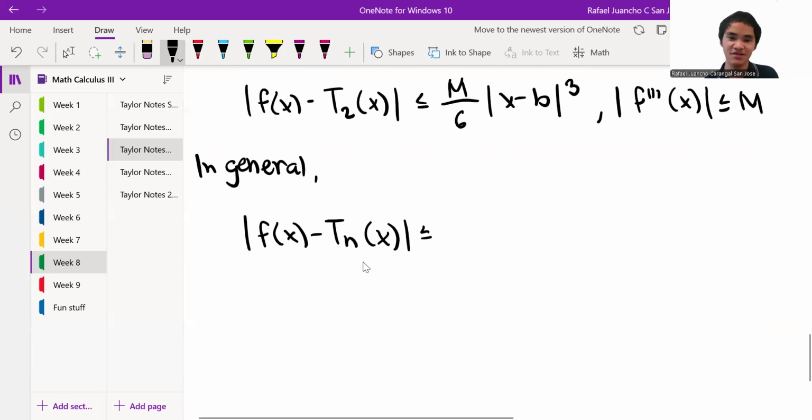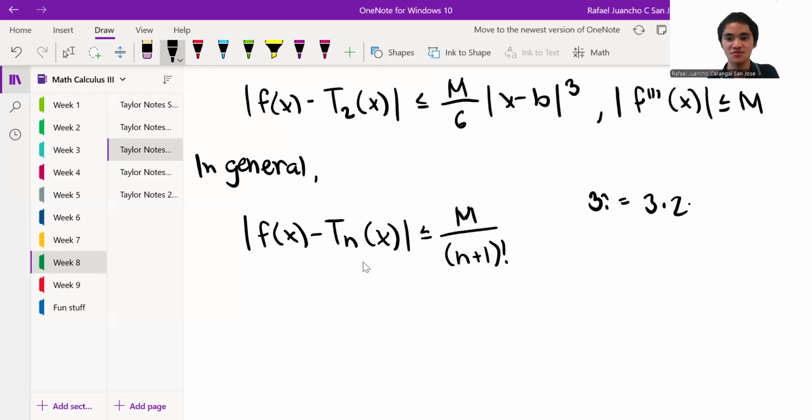But it's basically, funny enough, M over n plus 1 factorial. So if our n was 2, we add 3 factorial, which is 3 times 2 times 1, which is 6. Yeah, I mean, even I couldn't see that.